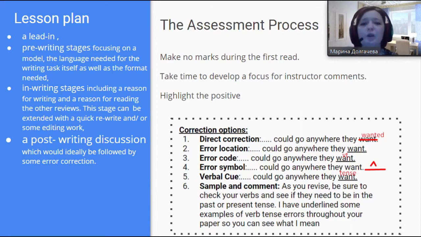So it's really not only about grammar and vocabulary which are used in this piece of writing. It is more than that.